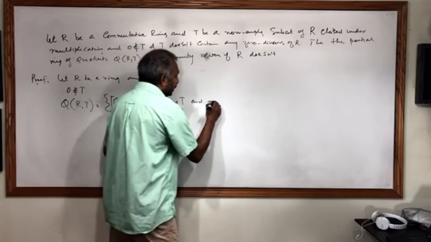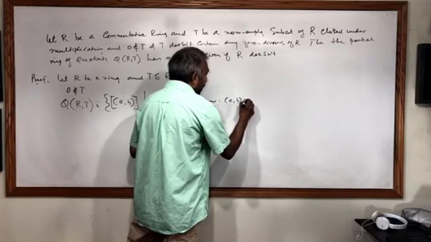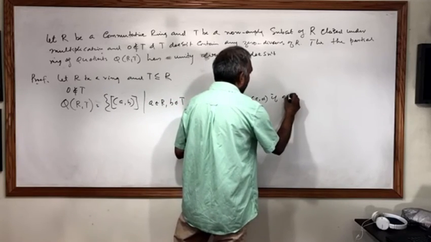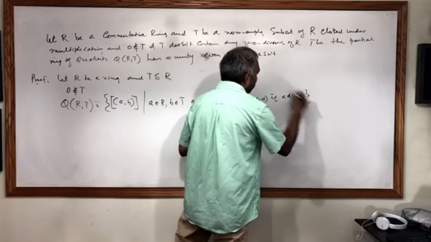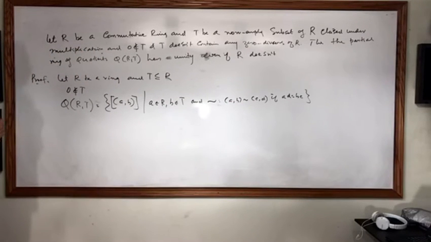And the relation is defined as (a, b) is related to (c, d) if ad is equal to bc. So we need to show that there exists a unity in this. There is only one unity, and this partial ring of quotients has the unity.